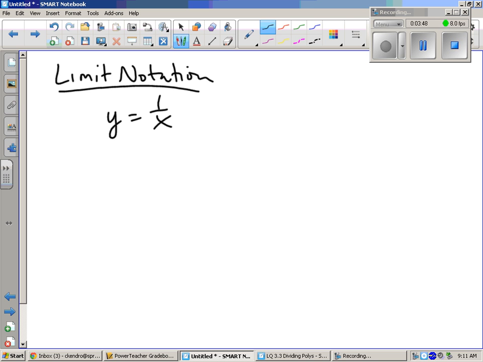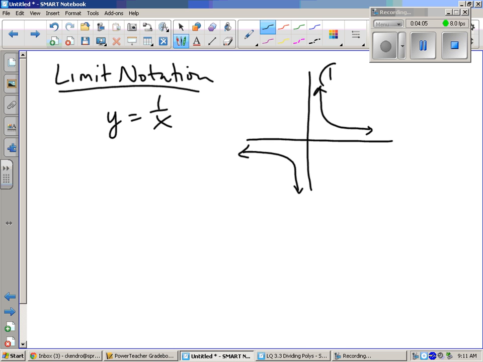If you were to plug that in, either do a t-chart or go to the graphing button on your calculator, it would show a graph that looked like this and this. Okay, it has two different parts to it. We have 4 arrows going on. I'm going to call this one 1, 2, 3, and 4. Those are your different arrows.